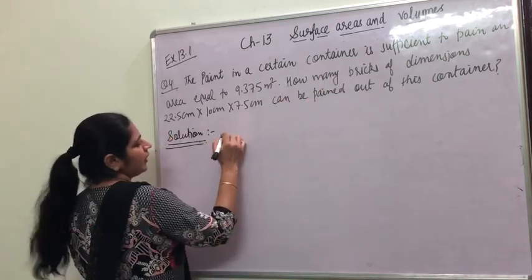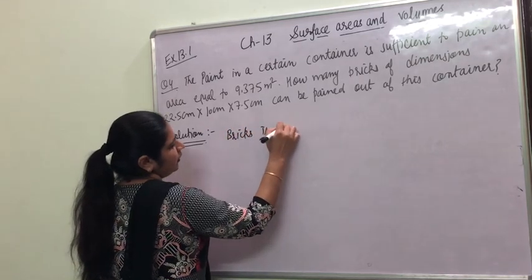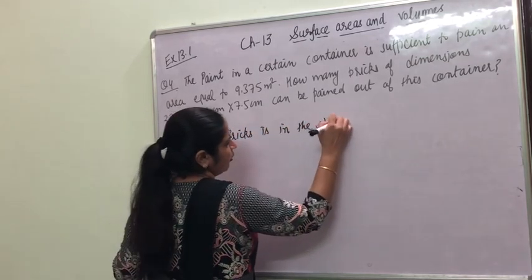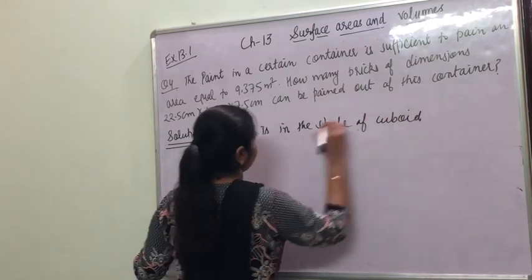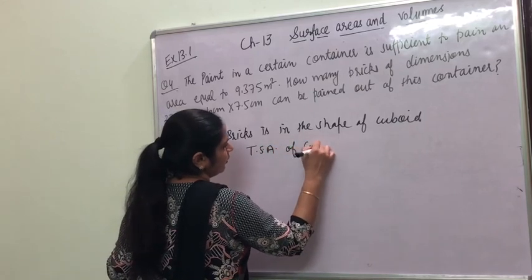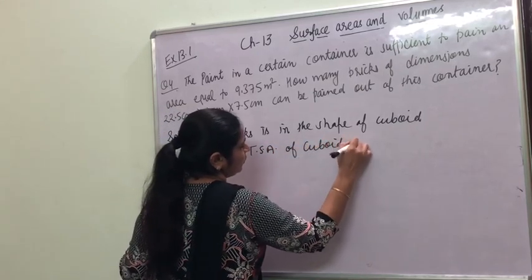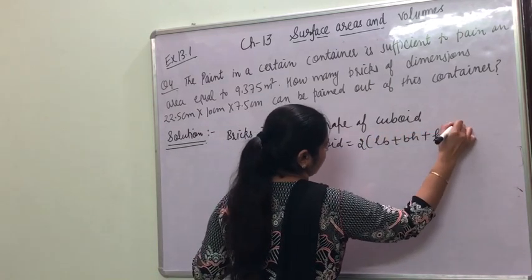So here we are writing bricks are in the shape of cuboid. We have to find total surface area of cuboid, which is equal to twice of LB plus BH plus HL.